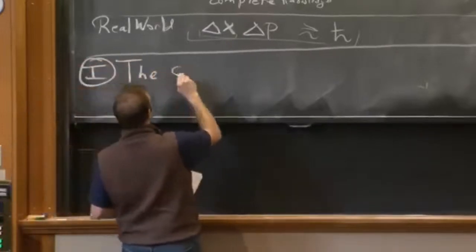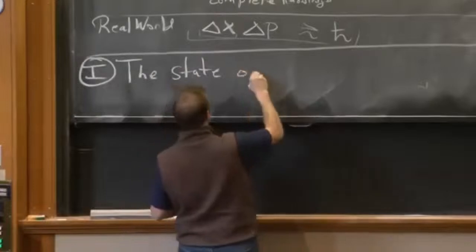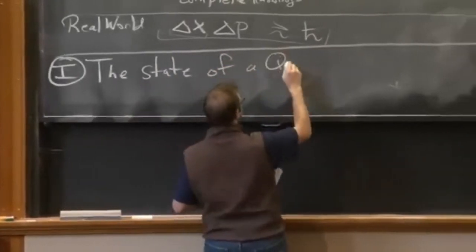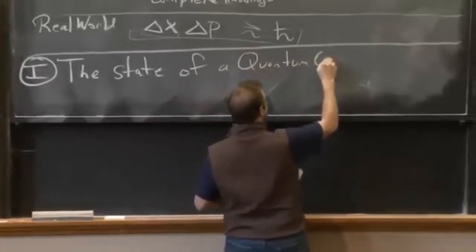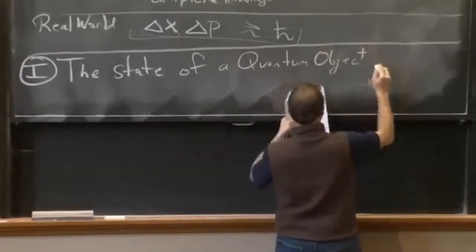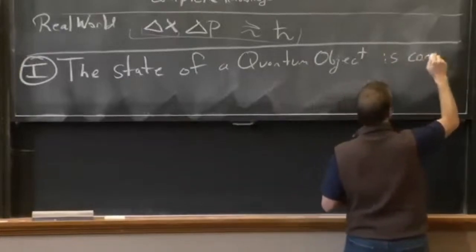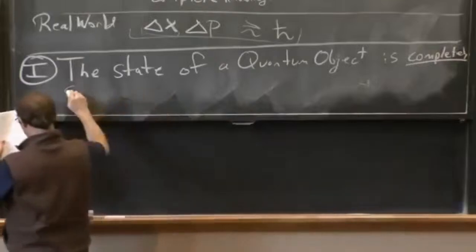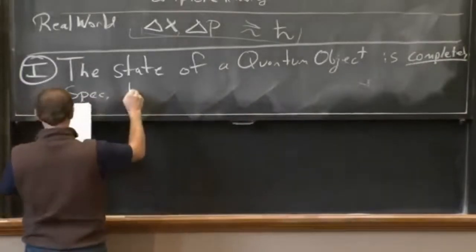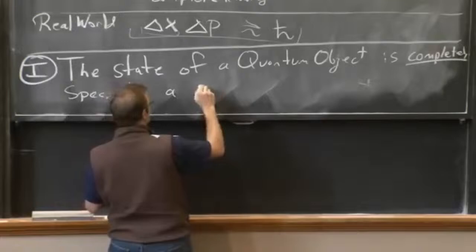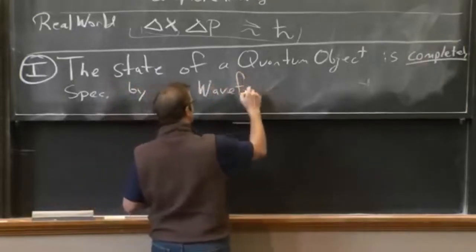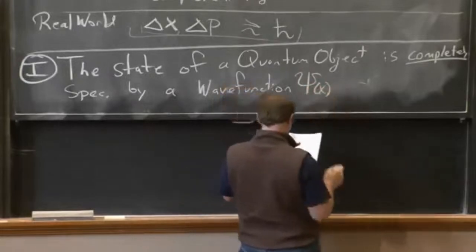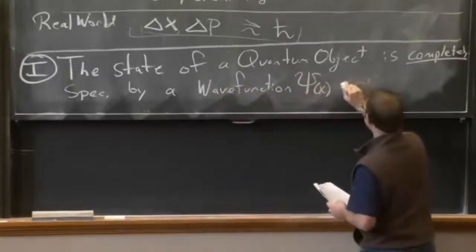The configuration or state of a system. And here I'm, again, just for simplicity, going to talk about a single quantum object. It is completely specified by a single function, a wave function, which I will denote generally psi of x, which is a complex function.